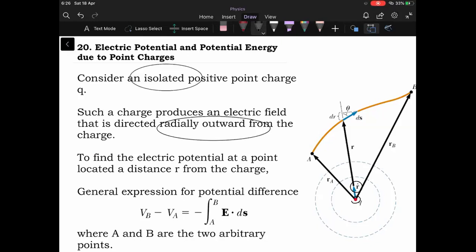To find the electric potential at a point located at a distance r from the charge, we will make use of this general expression of potential difference first. That is Vb minus Va. This we had done yesterday. ये कल हमने इसको अच्छे से समझा था. This is known as the path integral, negative of the path integral of E dot ds.